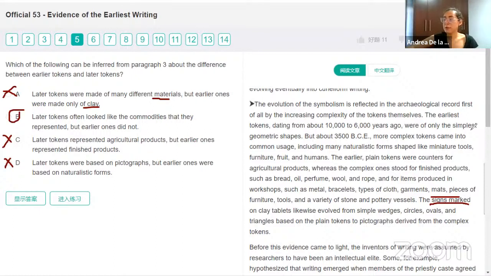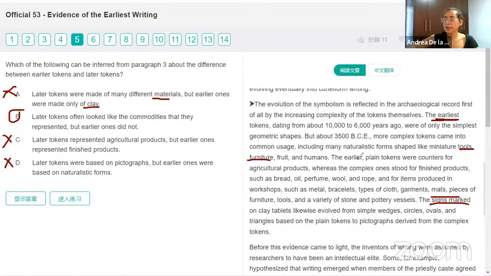Porque si te fijas, nos dice primero que las primeras fichas eran formas geométricas simples: triángulos, cuadrados, rectángulos. Y las últimas ya eran figuras más elaboradas, ¿no? Como herramientas, mueblería, fruta, humanos.